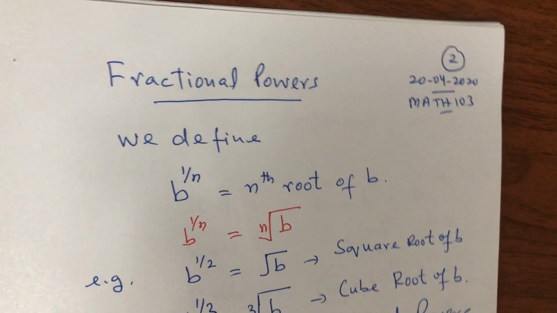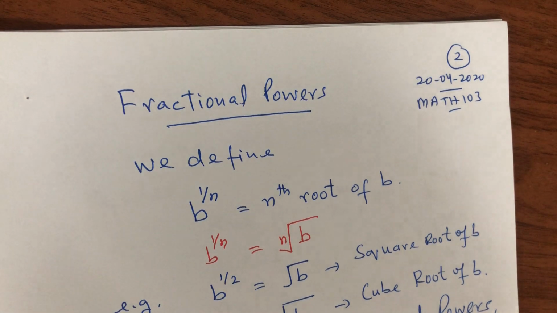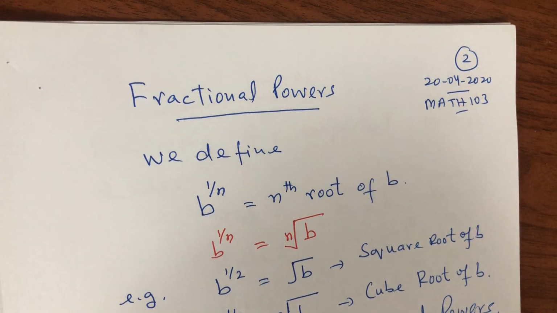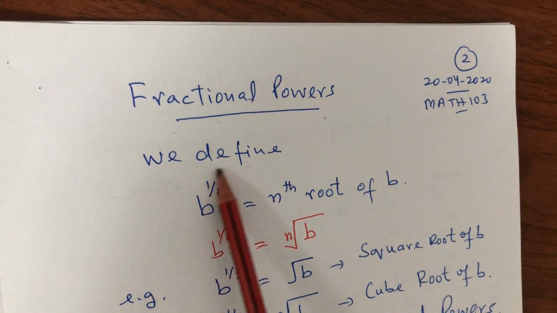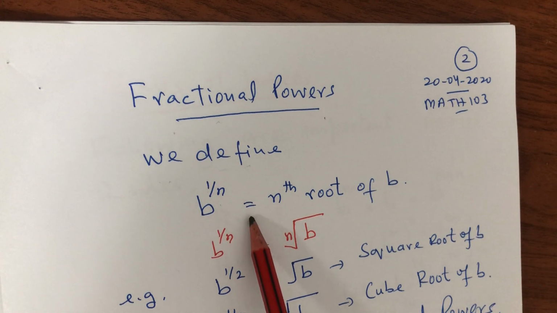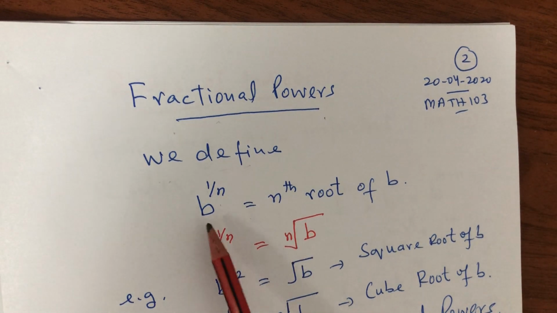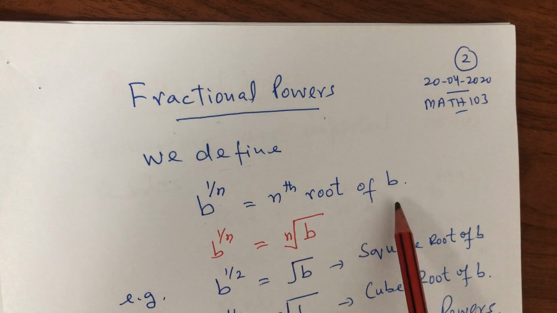In general, we have powers in whole numbers, but we should know the treatment when we have powers in fractions. The fractional powers we define like this. We define b power 1 over n, and we call this notation the nth root of b.